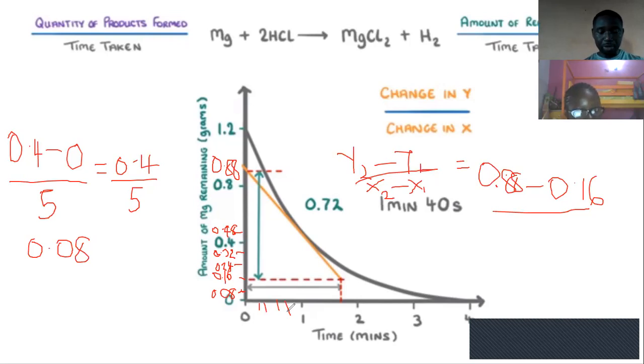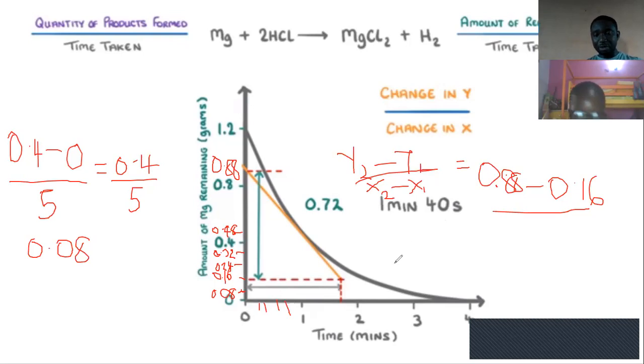Good. Now if this is 0.2, that means this will be 1.8 here. That'll be 1.8 minus 0.